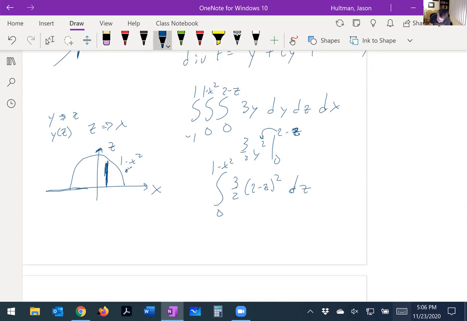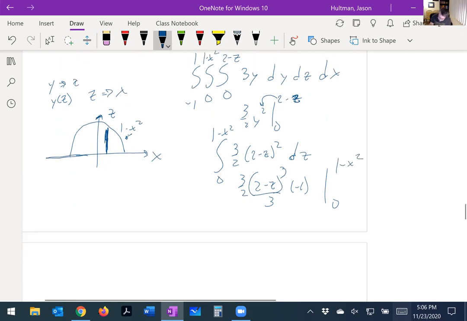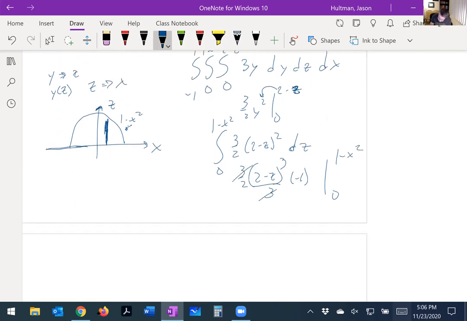And so this is going to be 3 halves times 2 minus z to the third over 3 times negative 1, right? Because if I did a u sub, I'd get a negative 1 there. Evaluate it from 0 to 1 minus x squared. The 3's cancel.